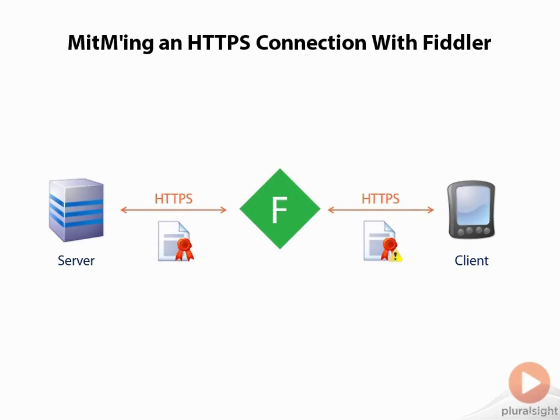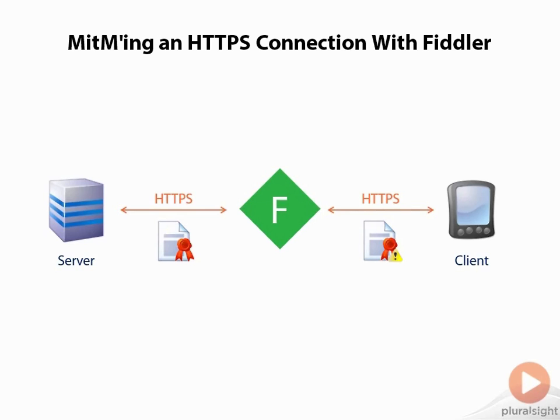It can create its own self-signed certificate, and when everything is done right, the client would outright reject that because the client doesn't trust the Fiddler root certificate, unless we compromise the client and install Fiddler's root certificate there.